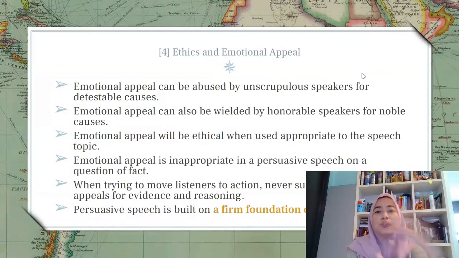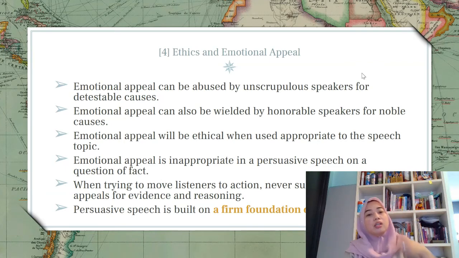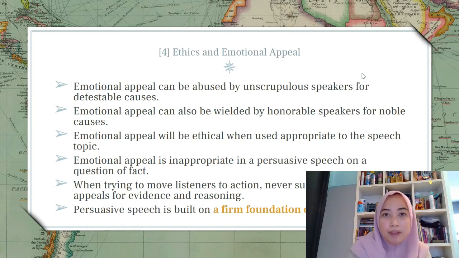A few things that you have to remember when it comes to ethics and emotional appeal: number one, emotional appeal can be abused by speakers who do not have good causes. Number two, appeal to emotion can also be wielded by honorable speakers for noble causes as well. Appeal to emotion can be ethical when it's used appropriately in certain topics, but it can also be inappropriate if it's on a question of fact.